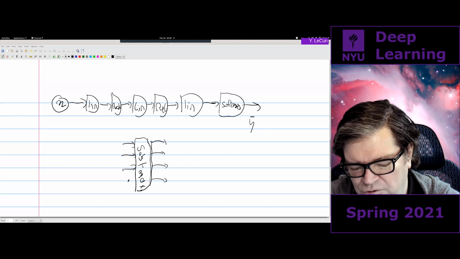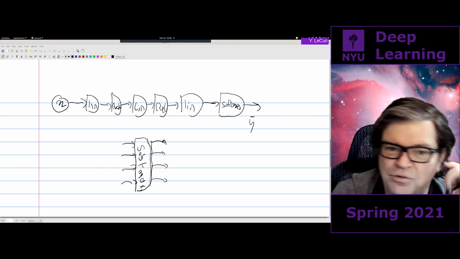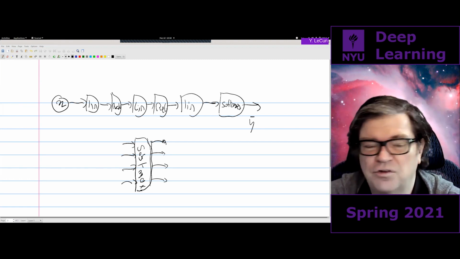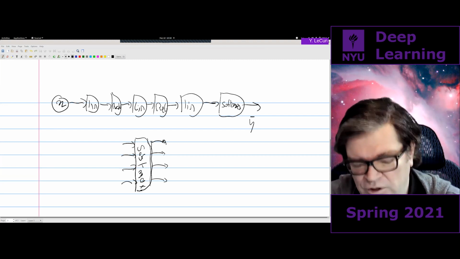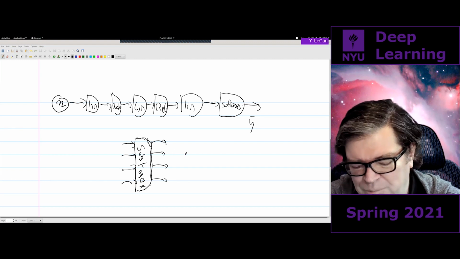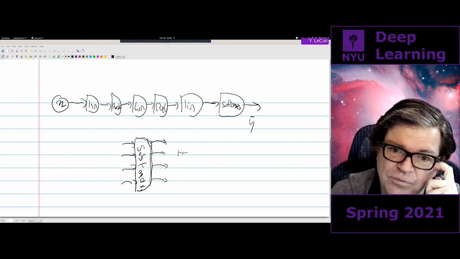In comes a bunch of numbers that come out of the linear module before. Out come a bunch of numbers between 0 and 1 that sum to 1. If you want to train this as a classifier, you want to train the system in such a way that the output for the correct class is close to 1, and the outputs for the incorrect classes are close to 0.